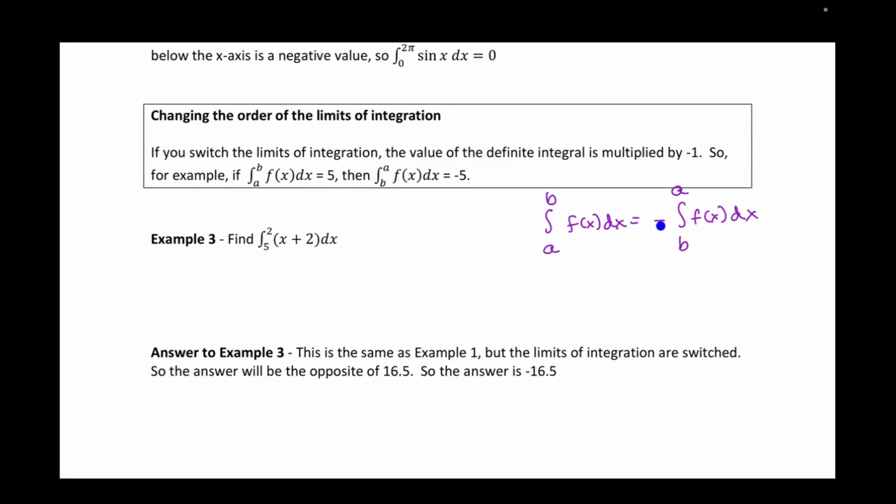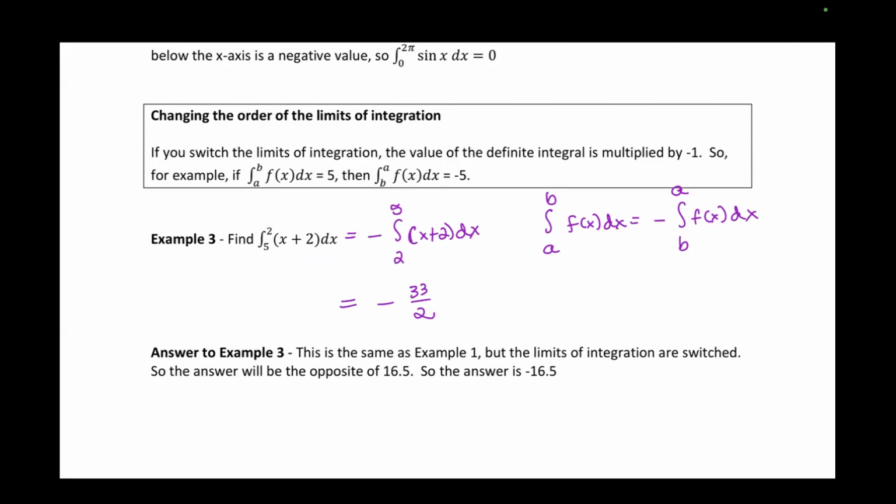The difference is simply a negative. So for this integral from 5 to 2, notice in the last example, we did the integral from 2 to 5. So this will be equal to the opposite of the integral from 2 to 5 of x plus 2 dx. But hey, in that example, we showed that that was equal to 33 halves. So this answer would just be -33 halves.